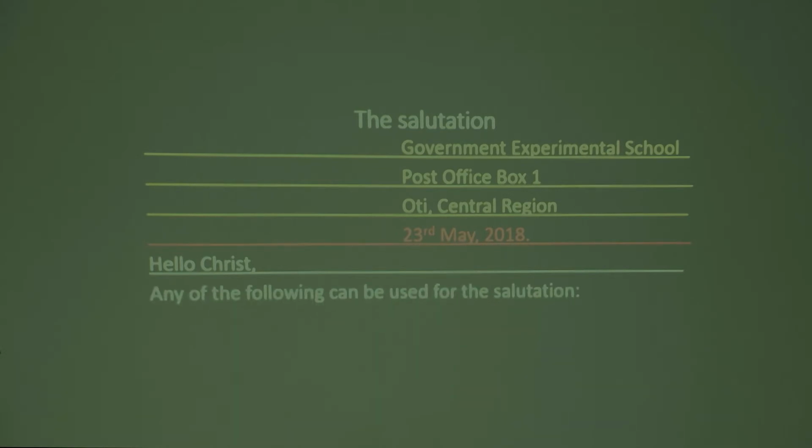We say that any of the following can be used for the salutation. You can use any of the following. Hi, with my exclamation mark. Have you seen the exclamation mark? Yes. Good. You can also say Rakib, just the name of your friend. You can use it. This is a friend, so I'm writing to him. I can just put that as my salutation. Rakib, then the comma comes.